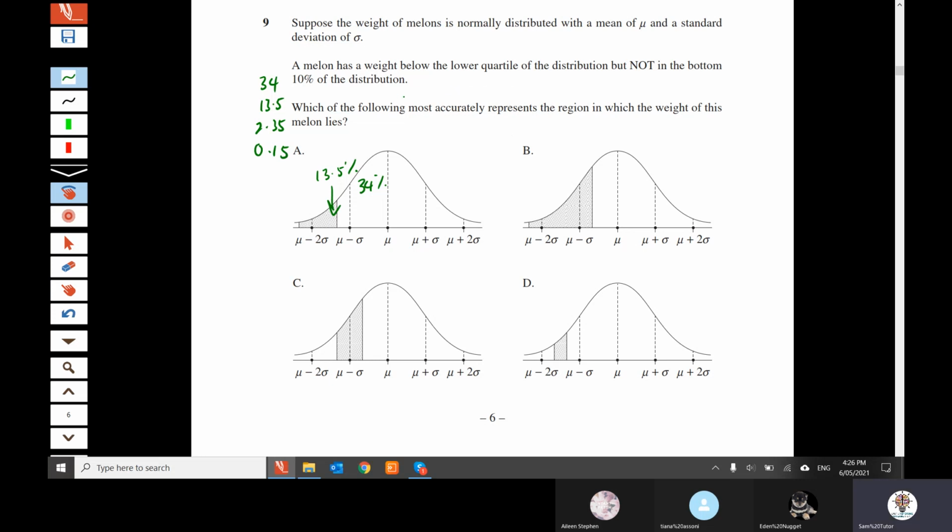So like this. This is 34%, the next one's 13.5, the next one is 2.35, and then whatever's left is 0.15 on both sides. And it's obviously symmetrical, so 34 here, 13.5 here, 2.35 here, and 0.15 there.